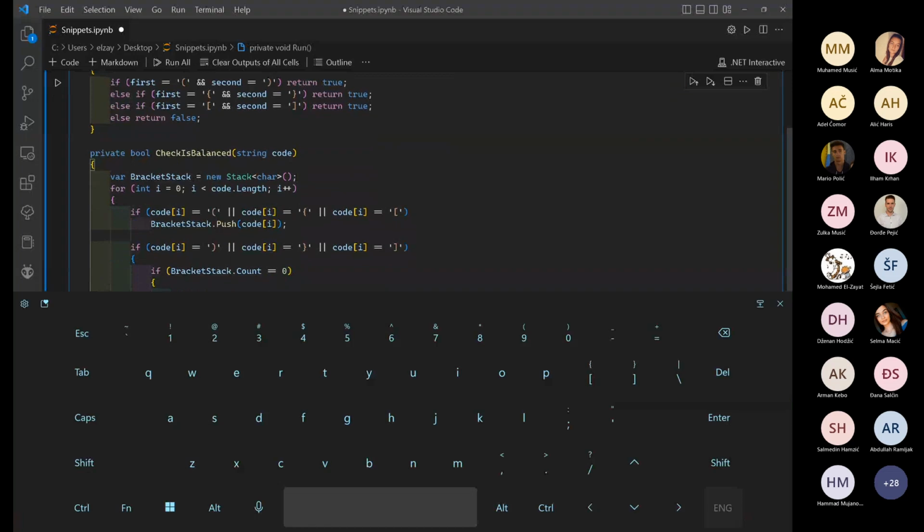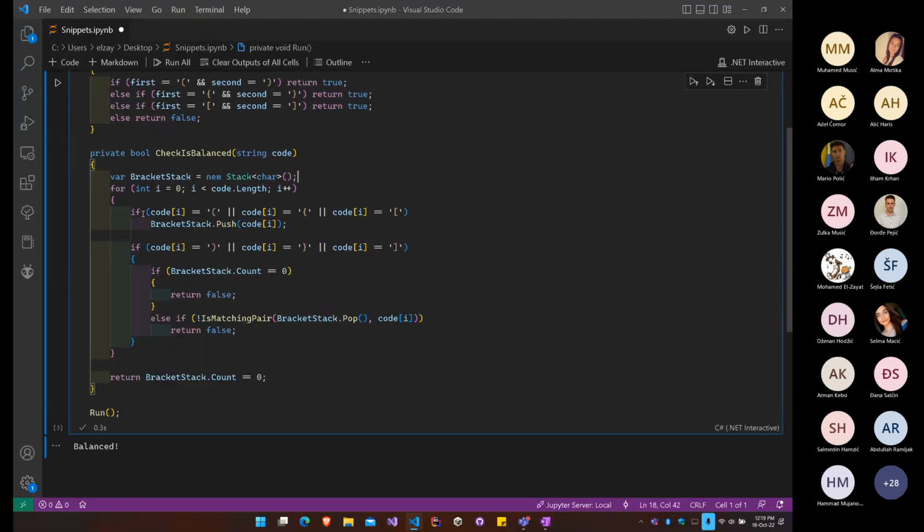Check is balanced. Let me minimize this again. So I'm looping over... I have a stack of characters, and then I'm looping over the actual string. Now, if you loop over strings, at least in C#, a string is an array of characters, and you can loop over it.